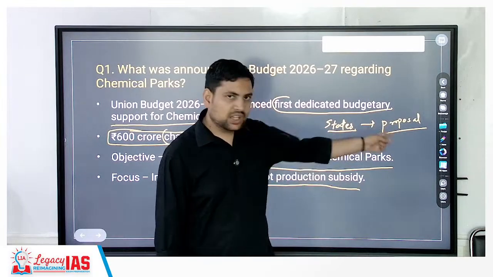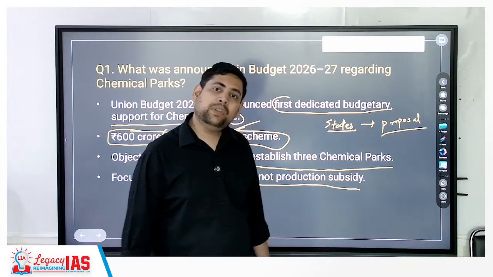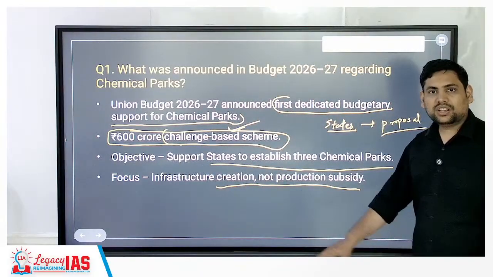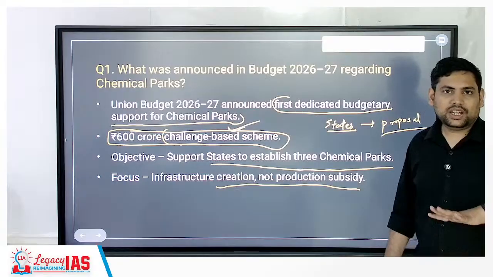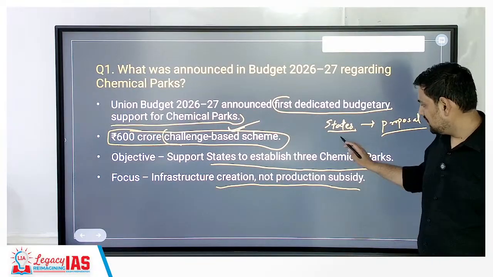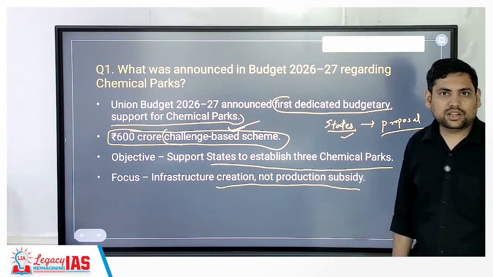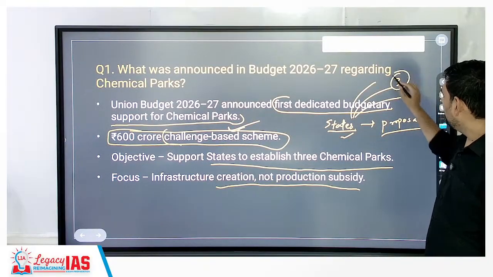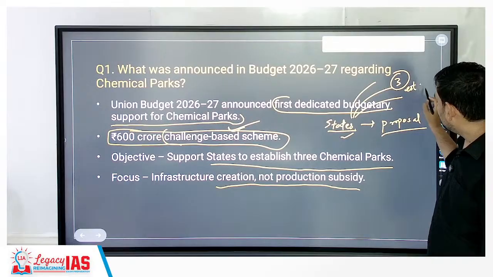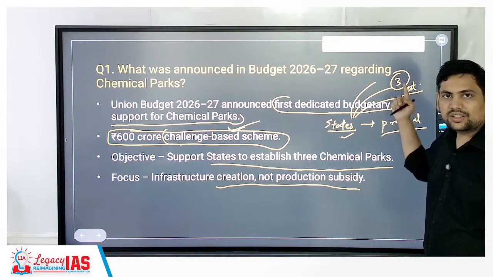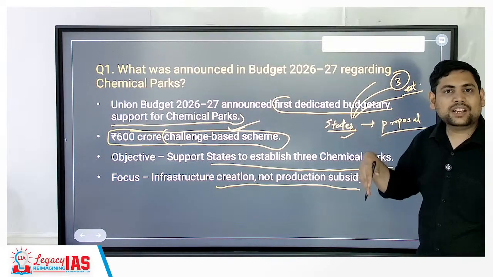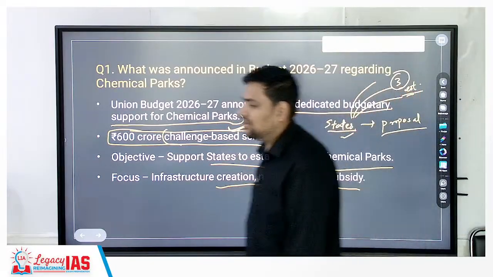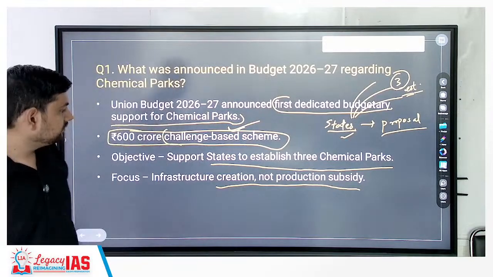So they will give their entire proposal. Now, the best proposal, or in most cases the lowest cost proposal for, let's say, the same area, the lowest cost state proposal will be selected, and the top three states will be getting funding to establish these 3 chemical parks. This is called challenge based scheme.